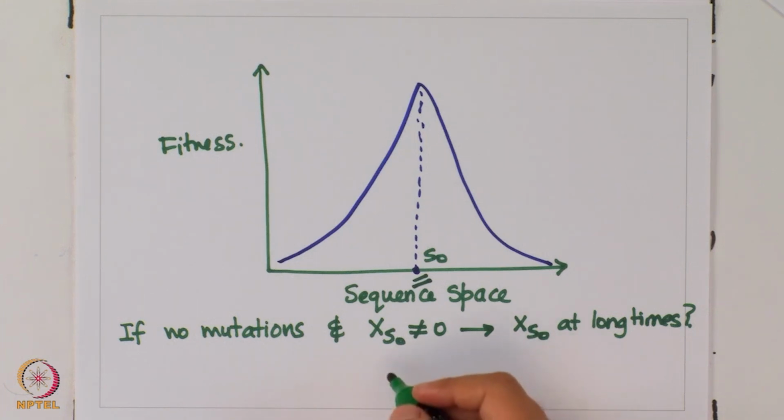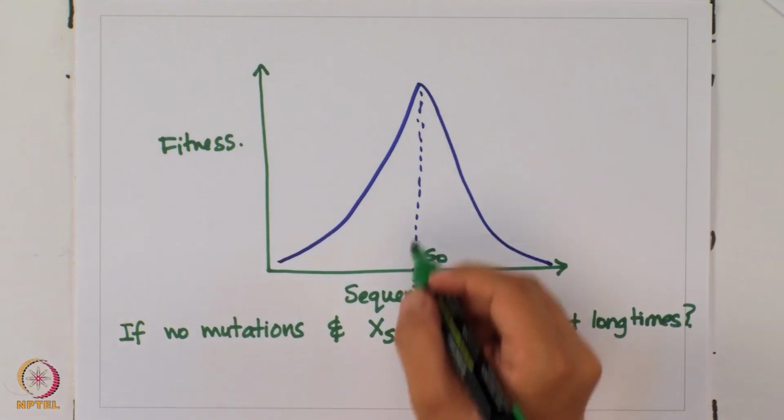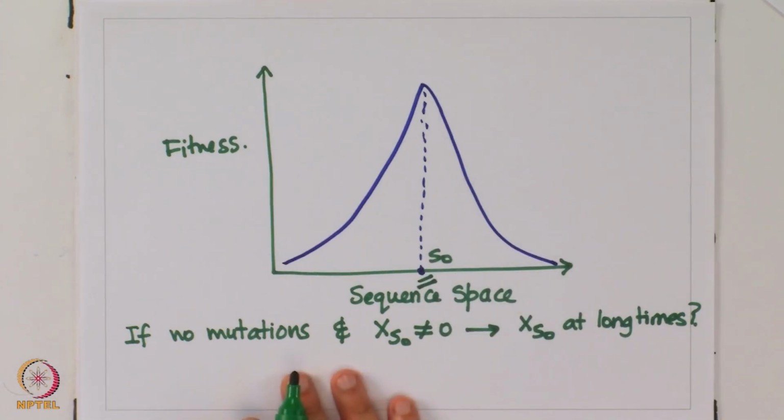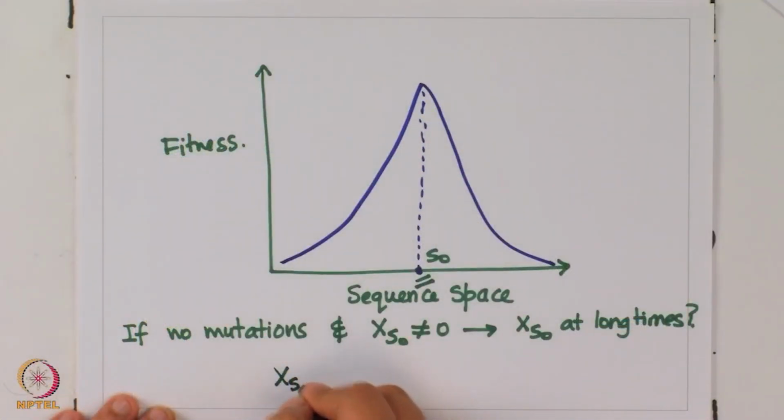Hence, there is a finite number of individuals to start the experiment which correspond to maximum fitness. And because there are no mutations, genotypes do not go from one to another, each grows at their respective speed, and eventually selection will decide that the fittest individuals replace all other types of genotypes which are present in the environment, and eventually x of S naught would approach 1.